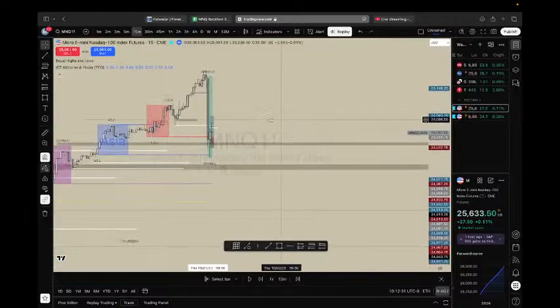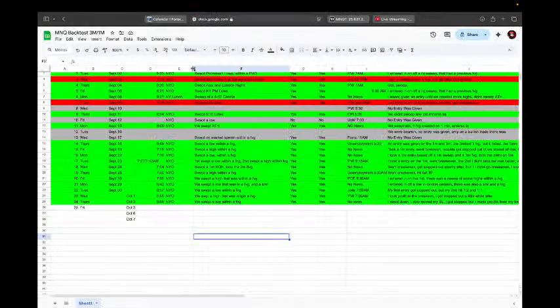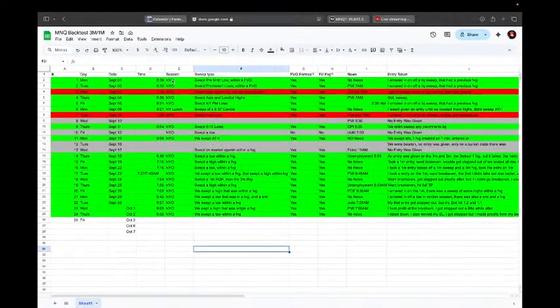This is my win rate with this so far. I have taken, let's see, 1, 2, 3, up to 20 trades. 18 out of those 20 trades have been hits, and 2 of them have been red days.